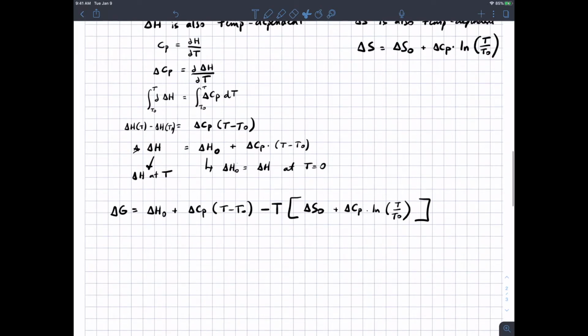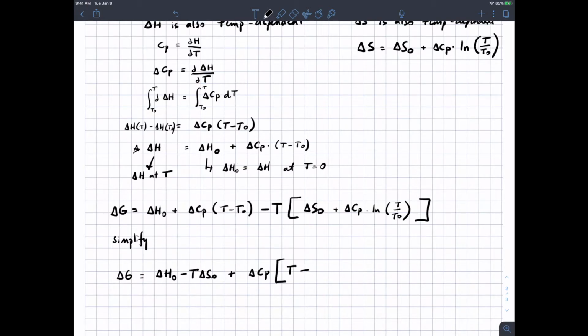And then we can simplify just a bit. So I'm taking the entropy term delta S0 times negative T and putting it here next to delta H0, and then I'm collecting all the delta Cp terms in one group.